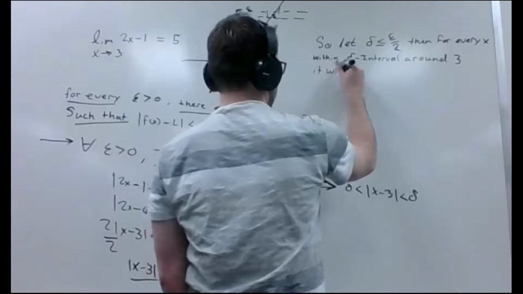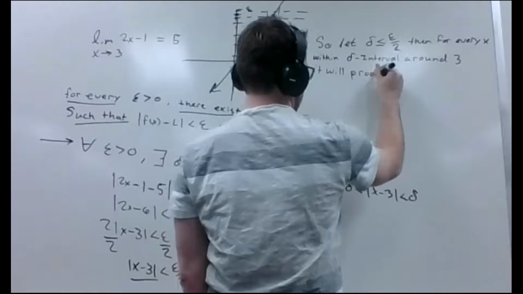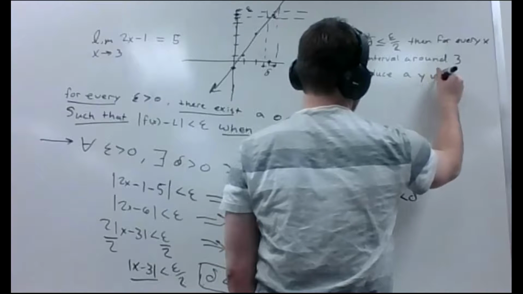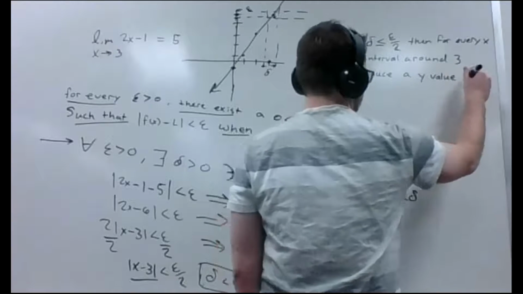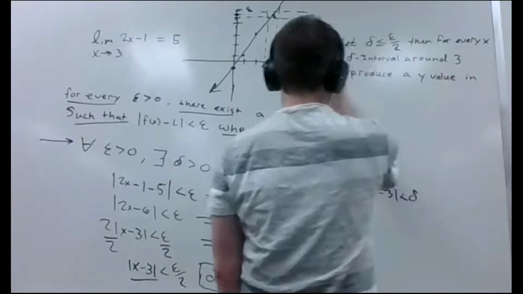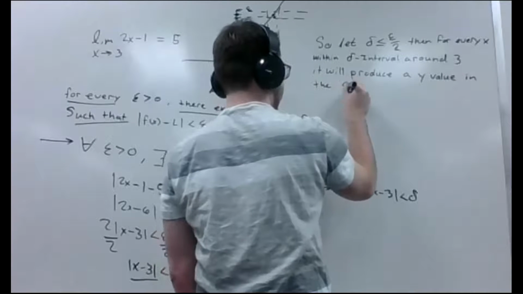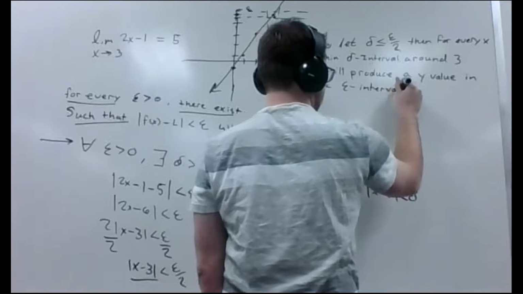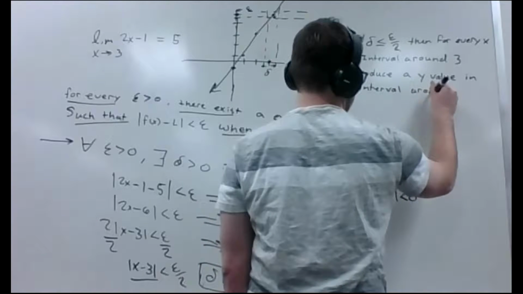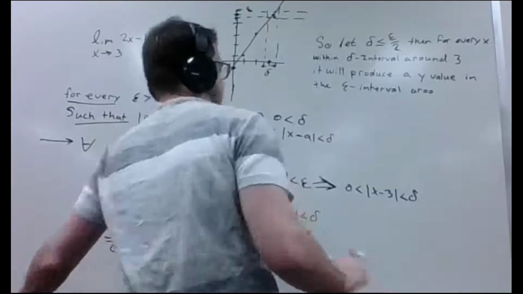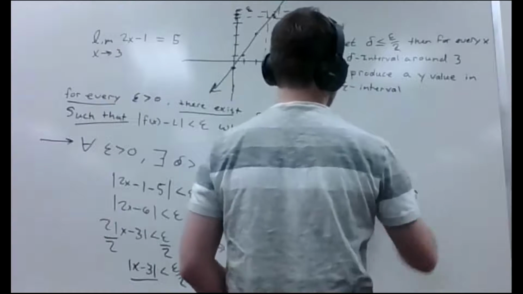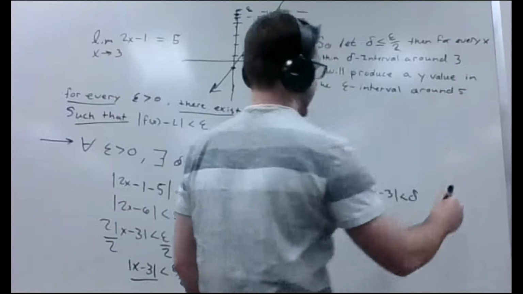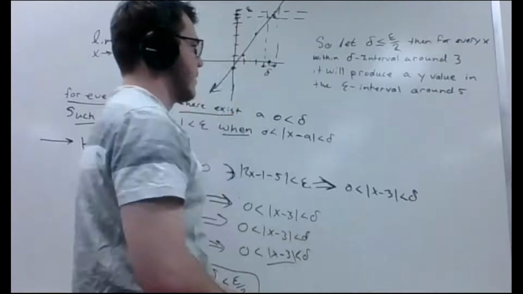It will produce a y value in the epsilon interval around 5, right?